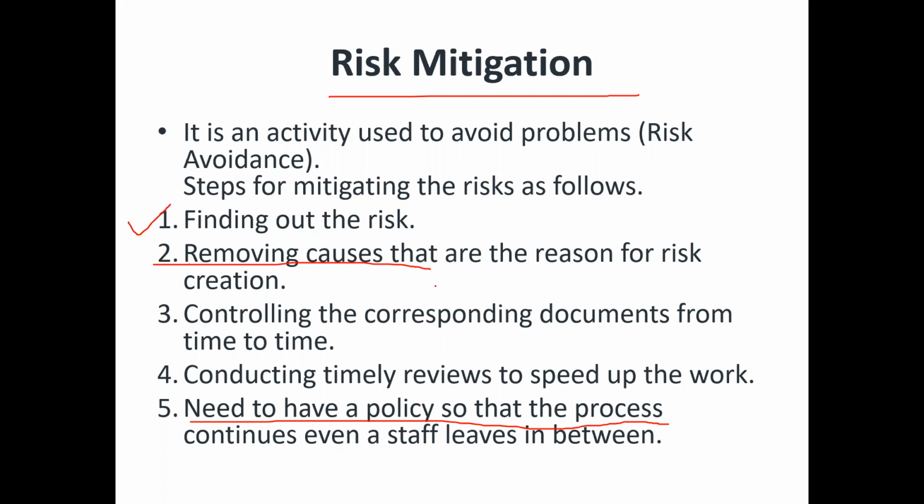If everyone goes according to the rule, then nothing will arise in that project. So every phase you must follow some rule. You should not be biased for an employee. The risk may arise from any of these factors, and those factors you should remove. That is called risk mitigation. First step, risk mitigation: you should remove all the risk.